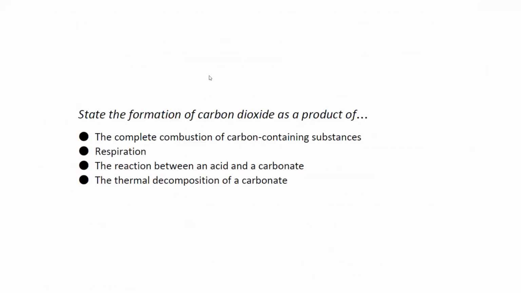So the formation of carbon dioxide, how carbon dioxide gas can be given off. There are different ways carbon dioxide gas is given off. One is by combustion of carbon-containing fuel. For example, if we burn methane, this gives carbon dioxide and water.